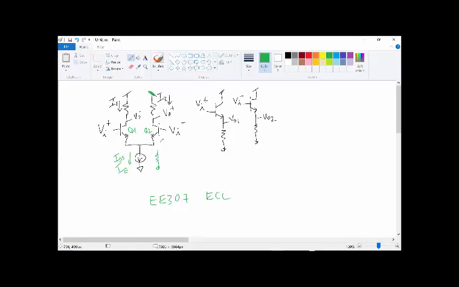So the base of Q1 and the base of Q2 have the same voltage. If that's the case, and the transistors are the same, the R's are the same, the voltages on the transistors are the same, that means they're both going to be conducting the same amount of current, which is IE over 2 on this side and IE over 2 on this side.